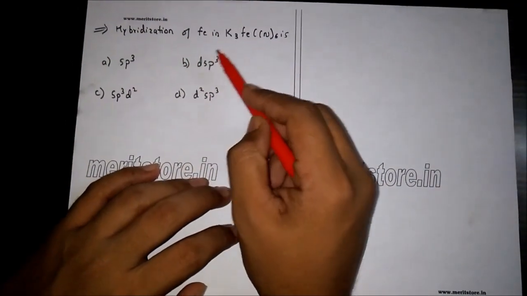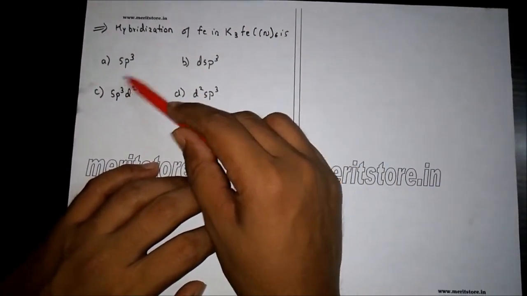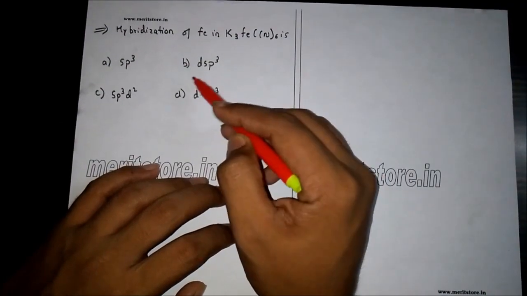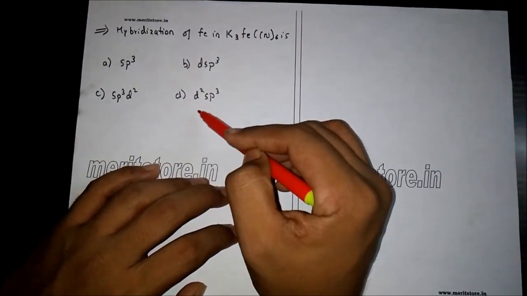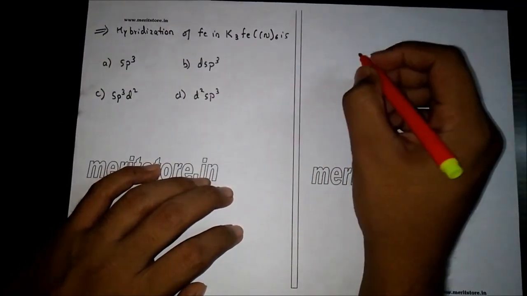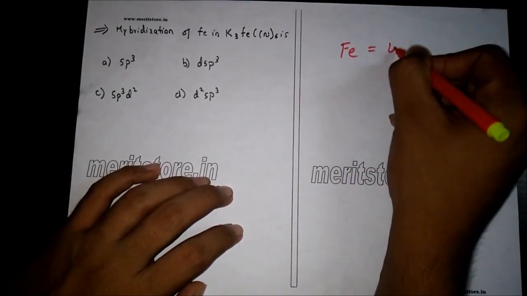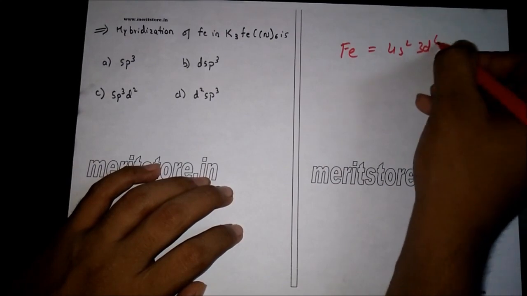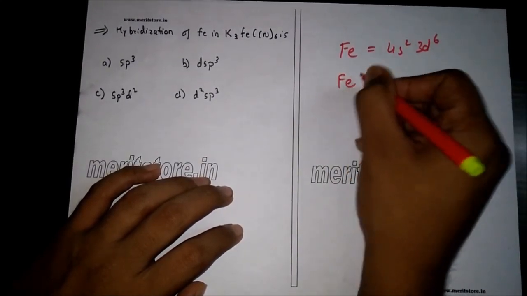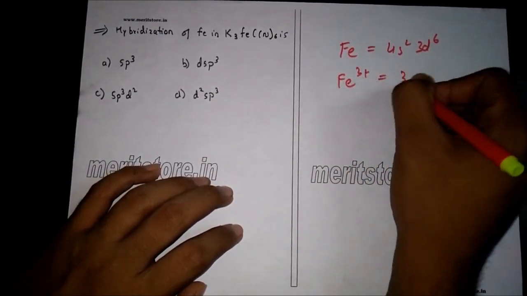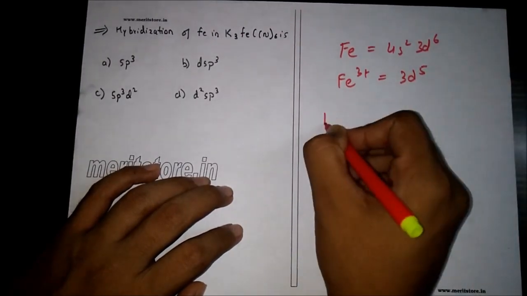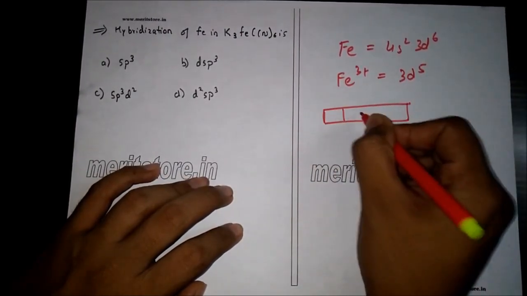The hybridization of Fe in K3[Fe(CN)6] is A) sp3, B) dsp3, C) sp3d2, or D) d2sp3. Now, in K3[Fe(CN)6], the electronic configuration of Fe is 4s2 3d6. The electronic configuration of Fe3+ is 3d5. Therefore, it will form an electronic configuration like this.